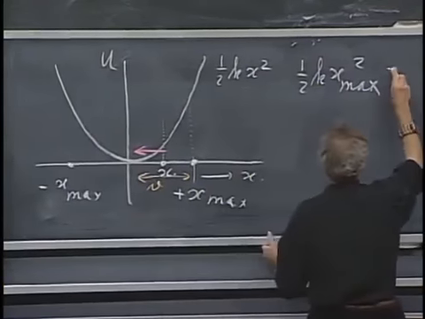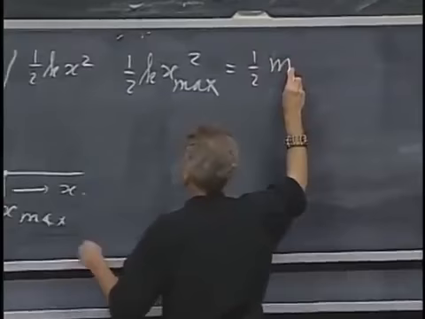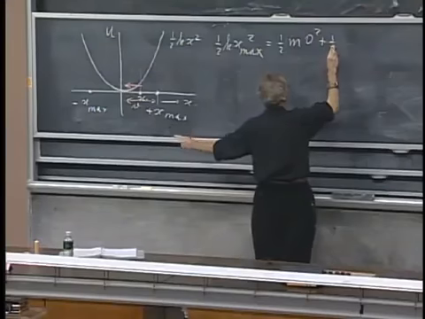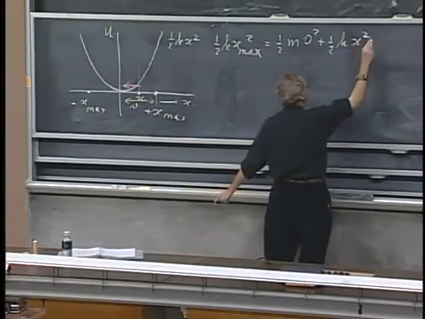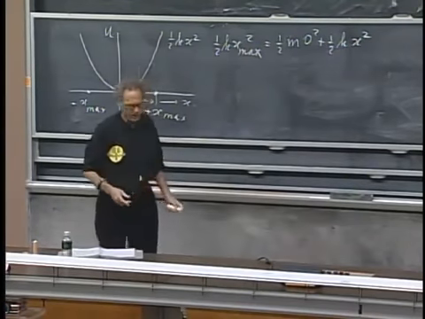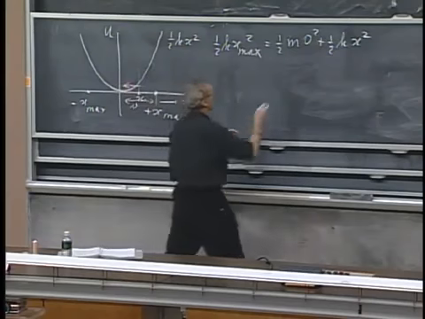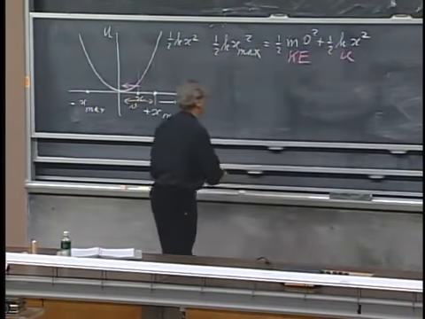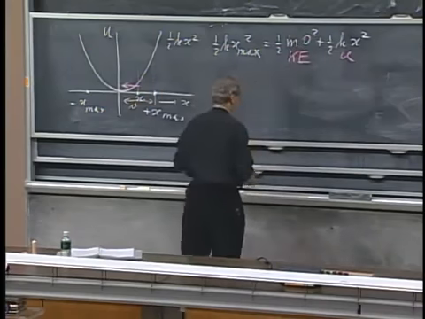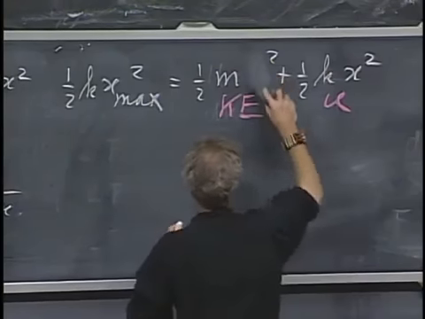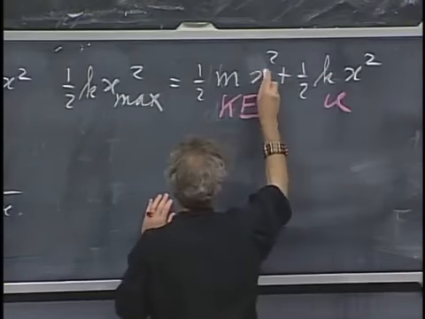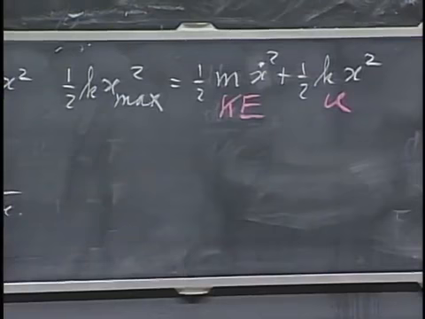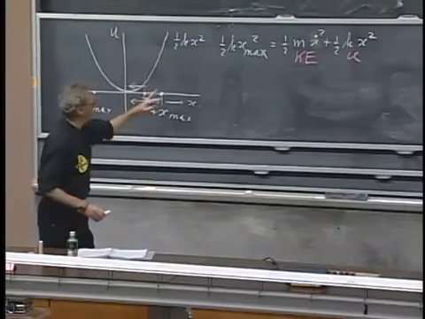So that must now be 1/2 m v squared at a random position x plus 1/2 k x squared, which is the potential energy at position x. So this is the kinetic energy, and this is the potential energy. v is the first derivative of position versus time, so I can write an x dot. Now I'm going to rewrite it slightly differently.